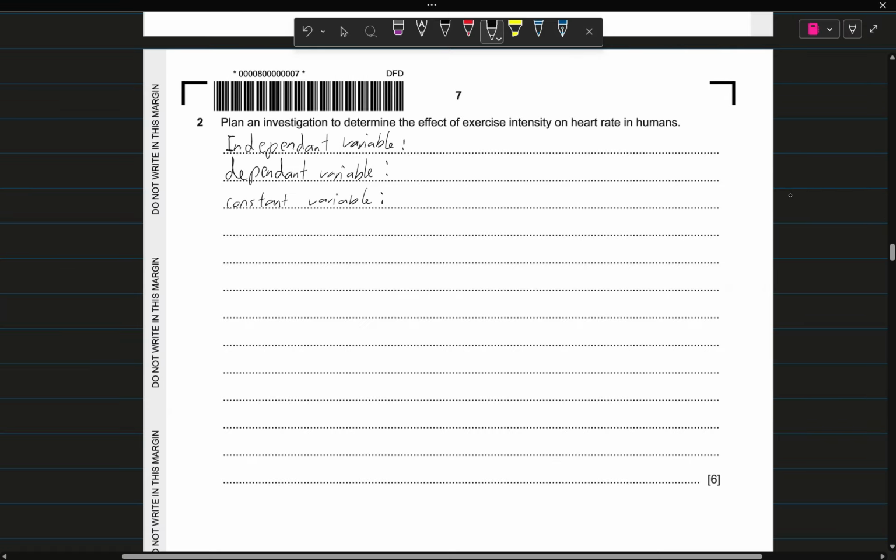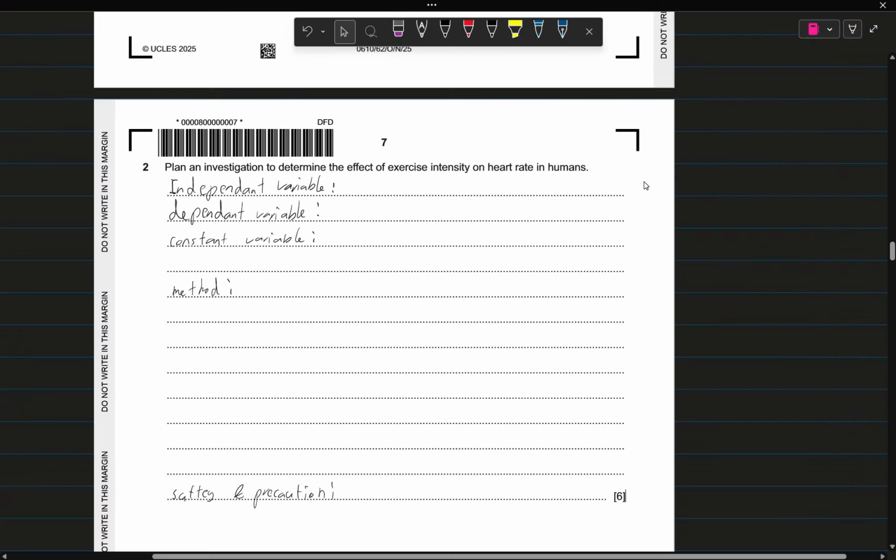Here you try to mention as many variables as you can. And then you write the method. And then after all, you write the safety precautions. Now you may choose to start from anywhere you would like, but personally I will start with the independent variable.